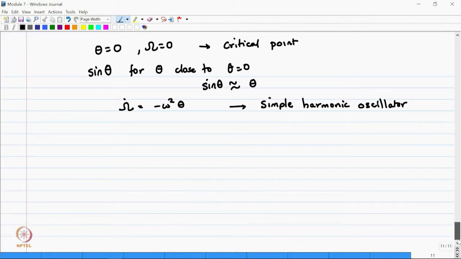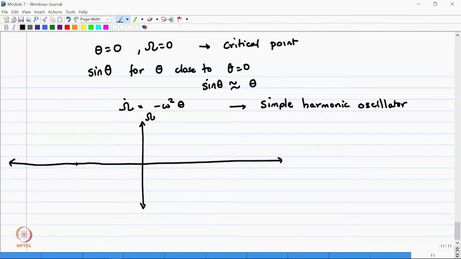Now, if I look at this omega theta plane, the phase plane, and I will deliberately show it a little long on the theta axis, theta equal to 0 is one critical point, and around this critical point your trajectories look like ellipses. This is what the trajectories look like about this point. This is theta equal to 0.